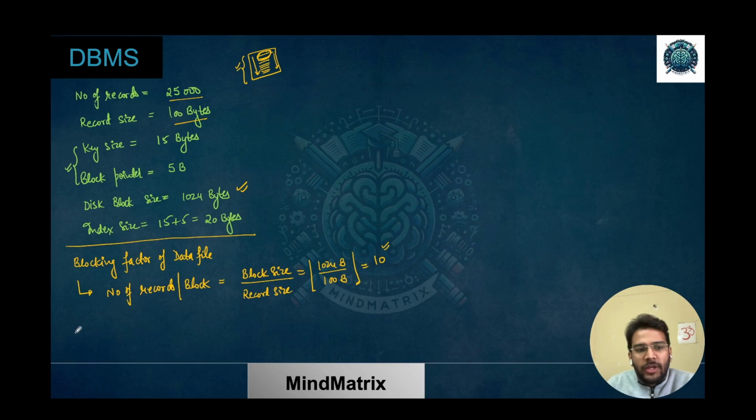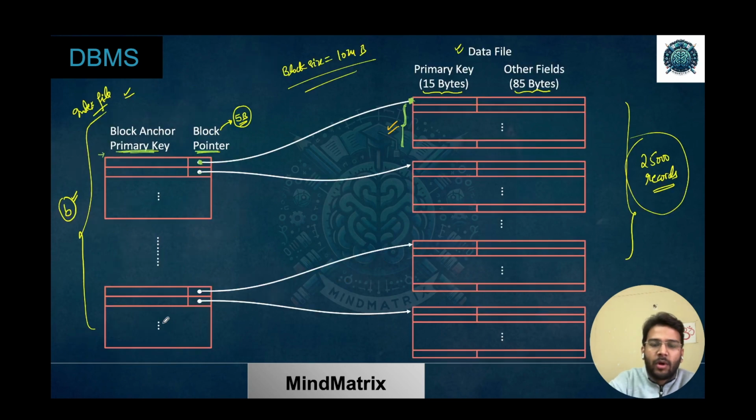Now we need to find the number of blocks required in the data file. As of now we have evaluated the number of records per block, but we note we have a total of 25,000 records in the data file. So we need to find the total number of blocks present in the data file. Correct?